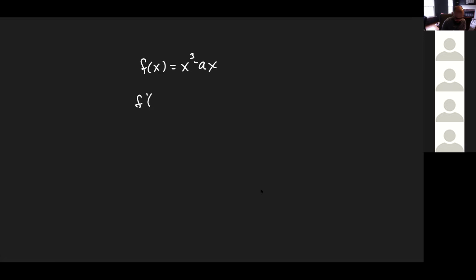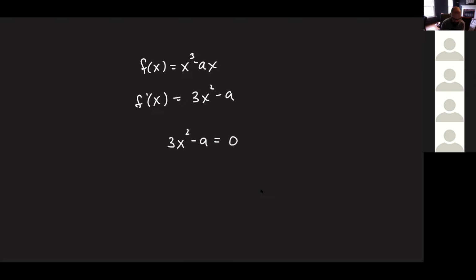And when we take the derivative, we're going to get 3x squared minus a, okay? And the question is, when is this 0 or undefined? It's never going to be undefined, right? It's a polynomial. The domain is all real numbers.